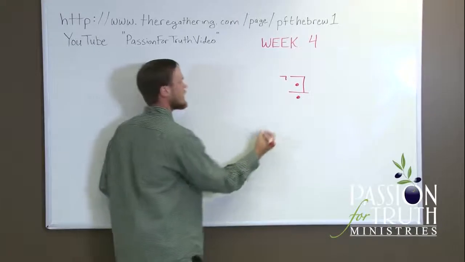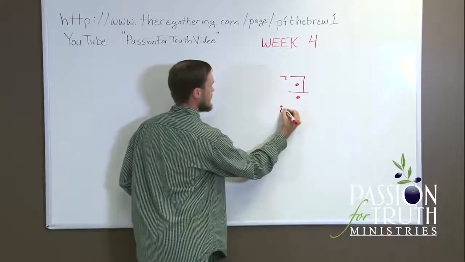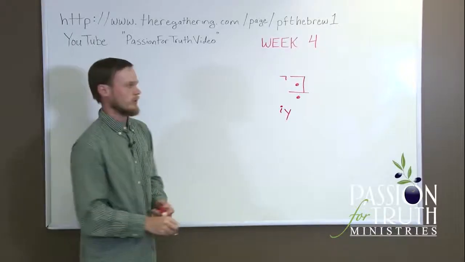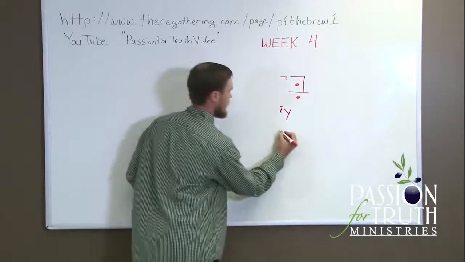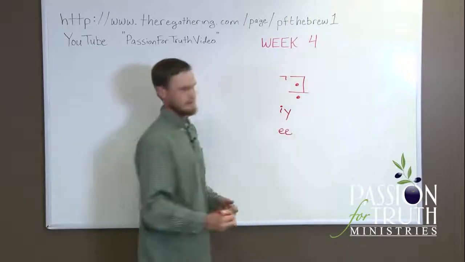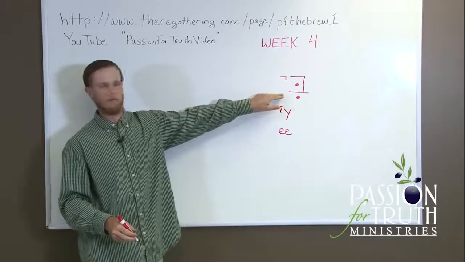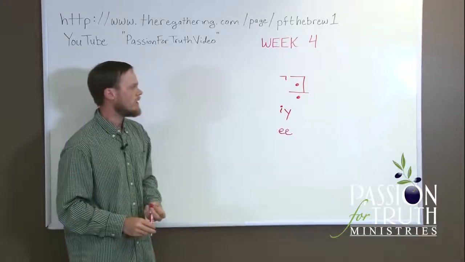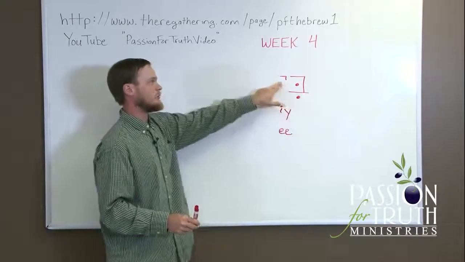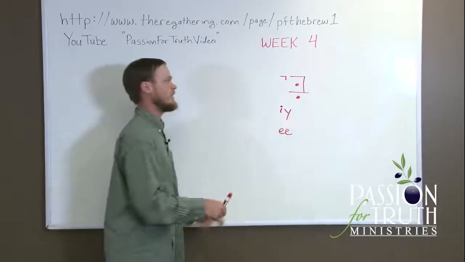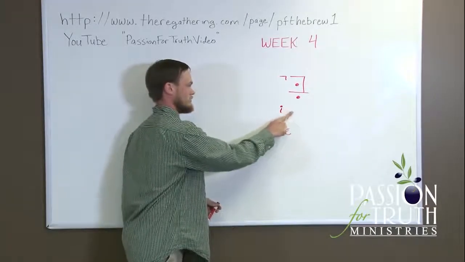The short I combines with the y of the yod, and when you pronounce that quickly and run them together, it's pronounced E. Okay, so this is pronounced bee. This is not a word. But chirik followed by yod makes long E, whereas a chirik all by itself is a short I.